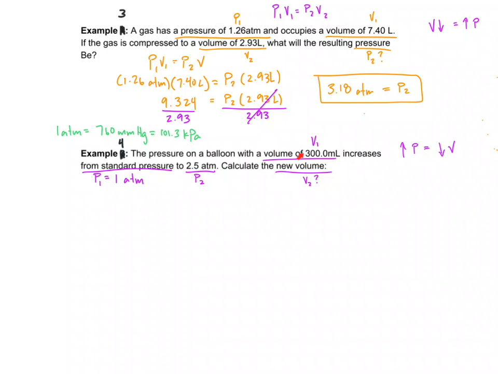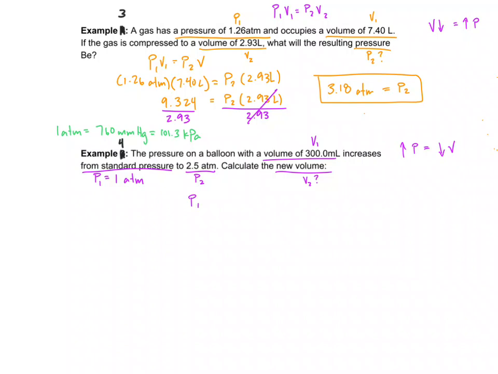So if my starting volume is 300, my new volume has to be something less than 300. If the volume that you calculate is greater than 300, or you have an answer choice greater than 300, you could automatically throw that out or recalculate. Based off of Boyle's law, if my pressure is increasing from 1 to 2.5, so it's increasing by 2.5 times, that means my volume has to decrease by 2.5 times. So let's find out if that's true.